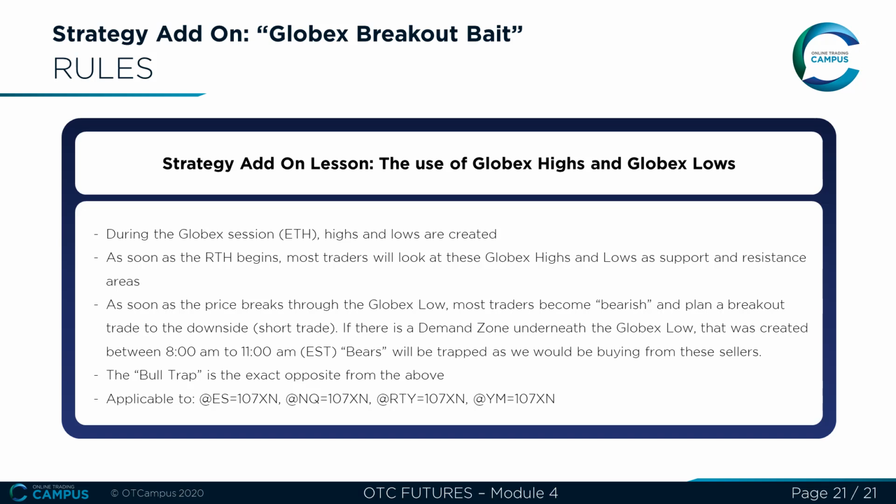If there is a demand zone underneath the GLOBEX low, bears will be trapped as we would be buying from these sellers. The bull trap is the exact opposite from the above. And this is applicable to S&P 500, Nasdaq, Russell, and Dow Jones.